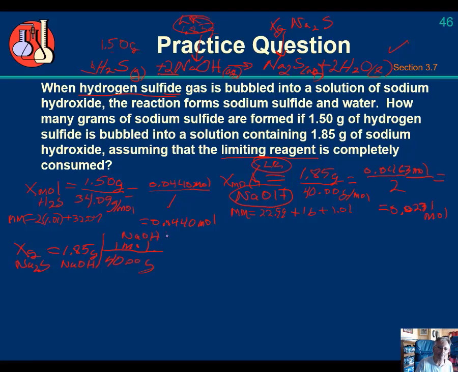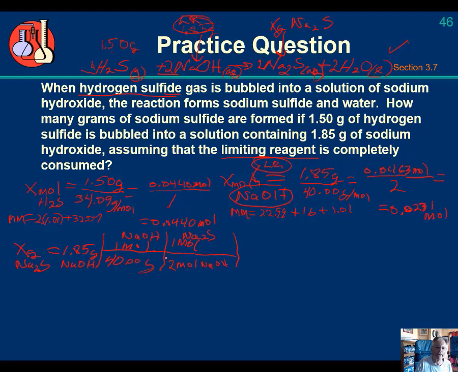I need a mole to mole ratio. My X factor is the sodium sulfide. Its coefficient is understood to be 1, so that's 1 mole of Na2S. The coefficient of sodium hydroxide is 2, so that's 2 moles of NaOH.